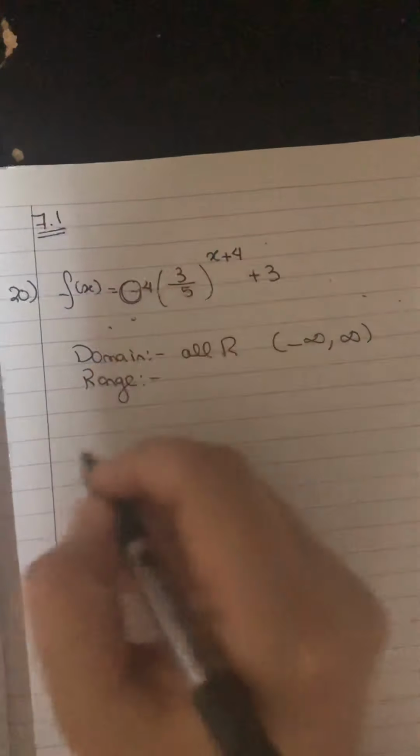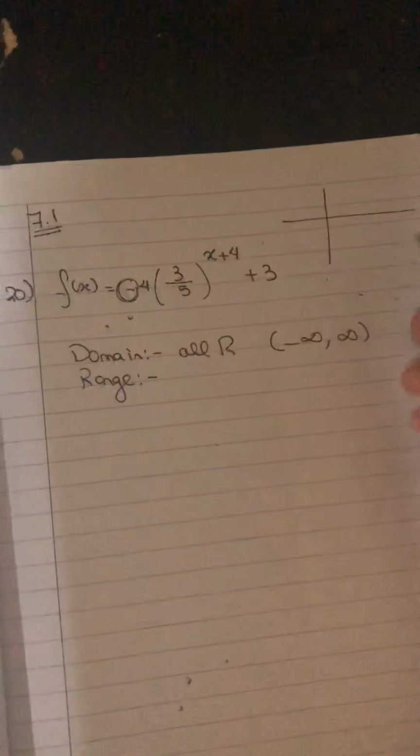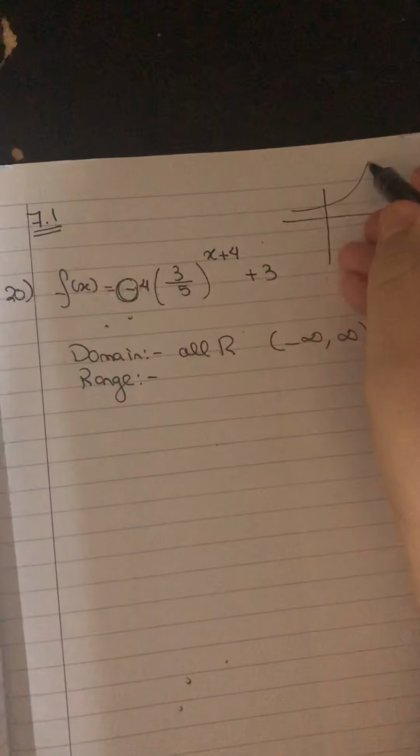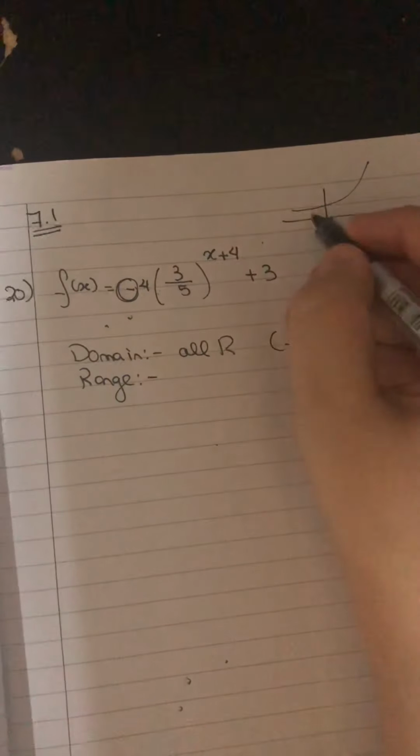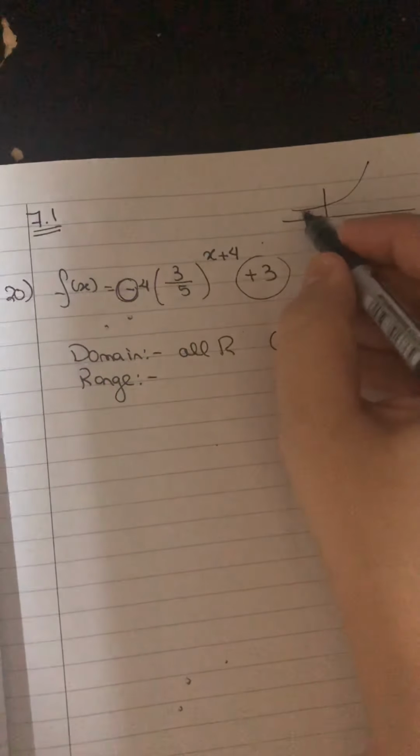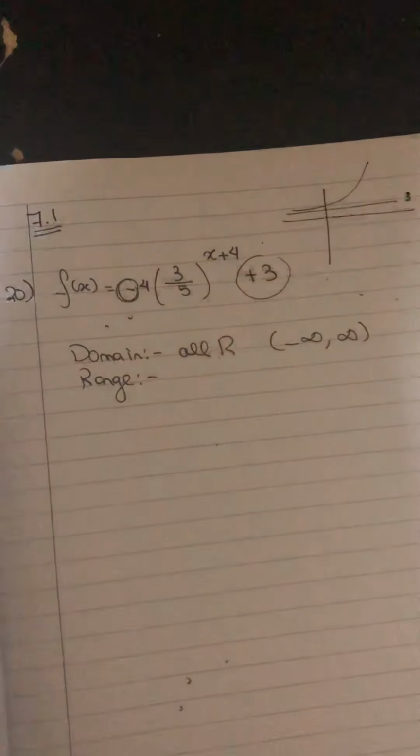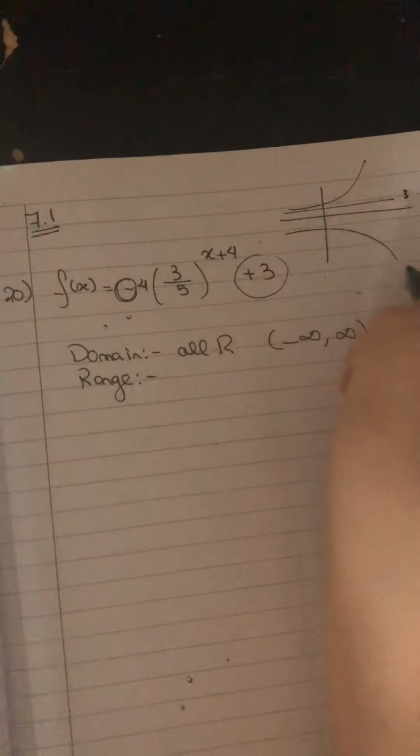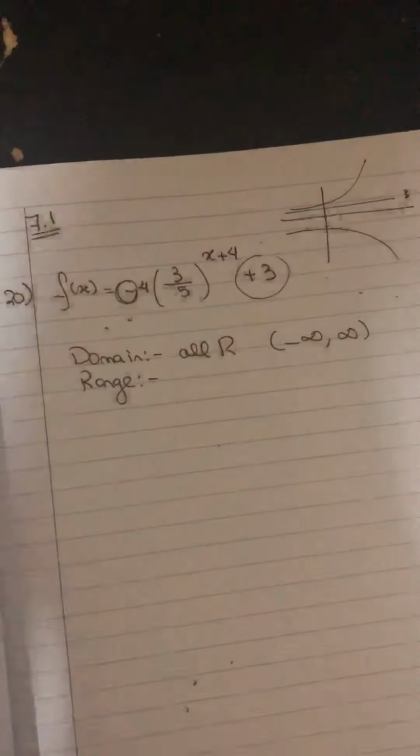And over here, there's a reflection on x-axis. So I'm expecting the graph, instead of looking something like this with an asymptote at 3, because I've moved 3 units up, I'm expecting the graph to look like this with an asymptote at negative 3.